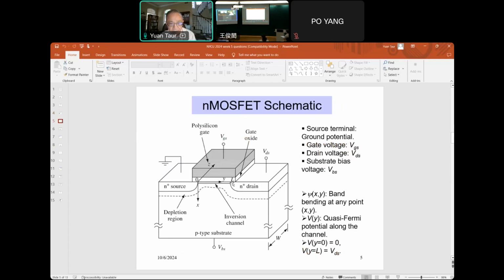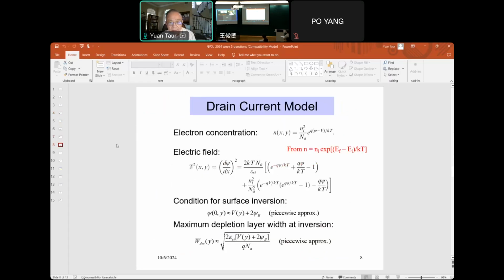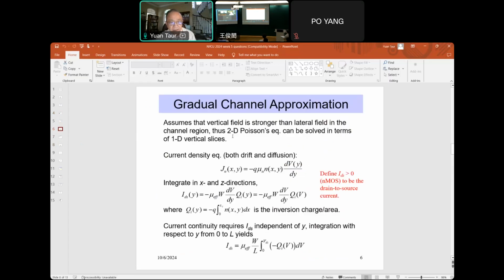So it's a function of y. That makes the charge density a function of y. And that's why I say that the GCA solves the 1D Poisson equation, but in vertical slices. For each y, you have a V, and then you can solve the 1D differential equation, just like in chapter 4.